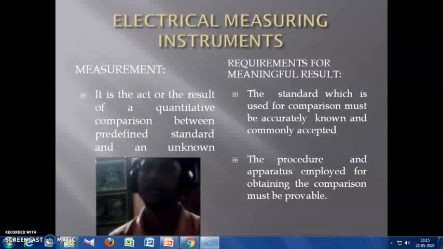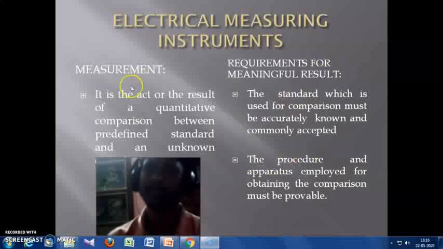So that is the primary requirement. The second one is that the procedure and the apparatus employed for obtaining the comparison must be provable. Whatever we want to measure by using any kind of apparatus and procedure, we have to prove that it is the proper way by which we are measuring. So these two requirements we should have for meaningful results.